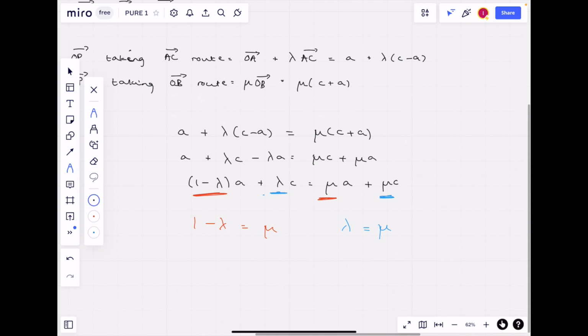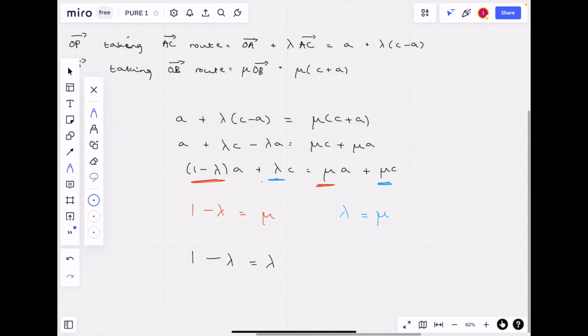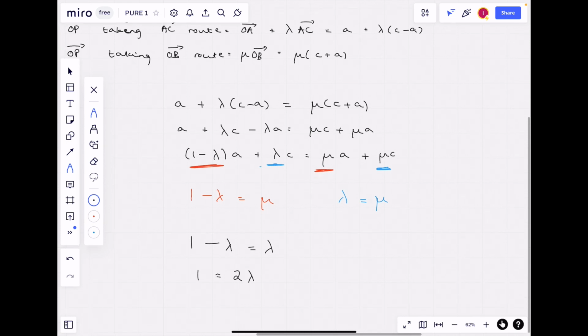This is a simultaneous equation. So let's substitute. 1 minus lambda equals lambda. So 1 equals 2 lambda. So lambda equals a half. If lambda equals a half, mu equals a half. What does that mean?